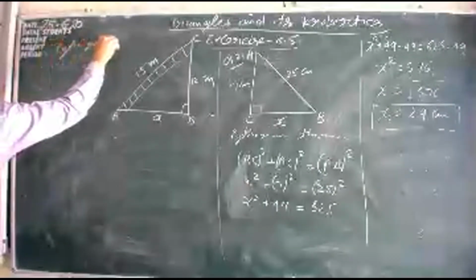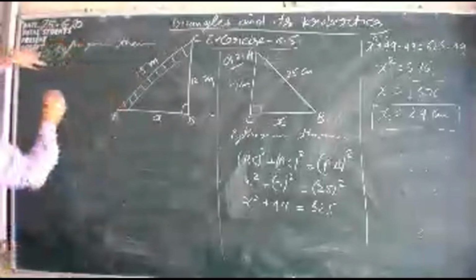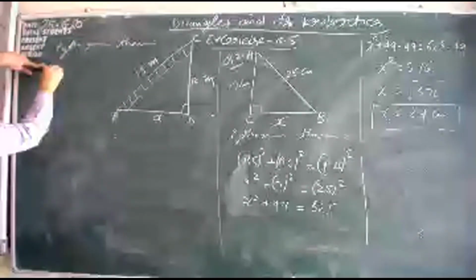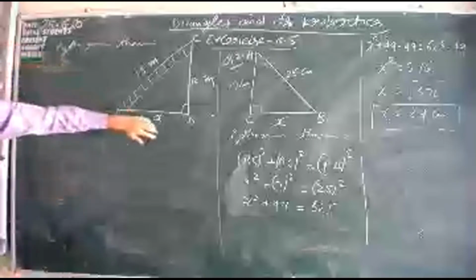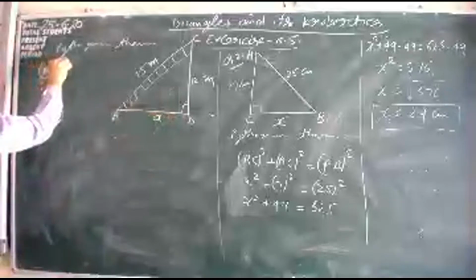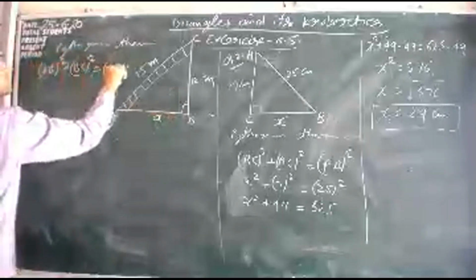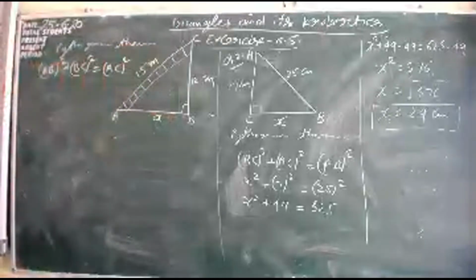Pythagoras theorem के according क्या होगा? The square of the sum of these two sides, these are base and perpendicular, AB plus BC, should be equal to the square of the hypotenuse, the longest arm, AC square. Clear?